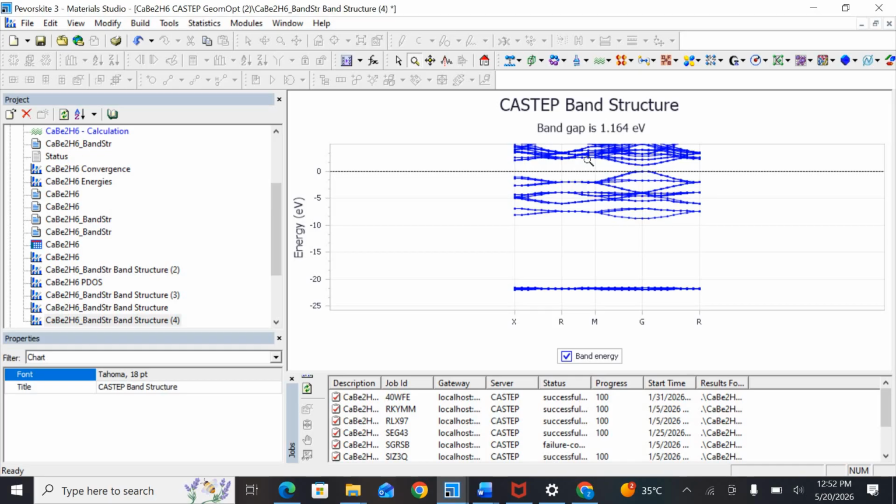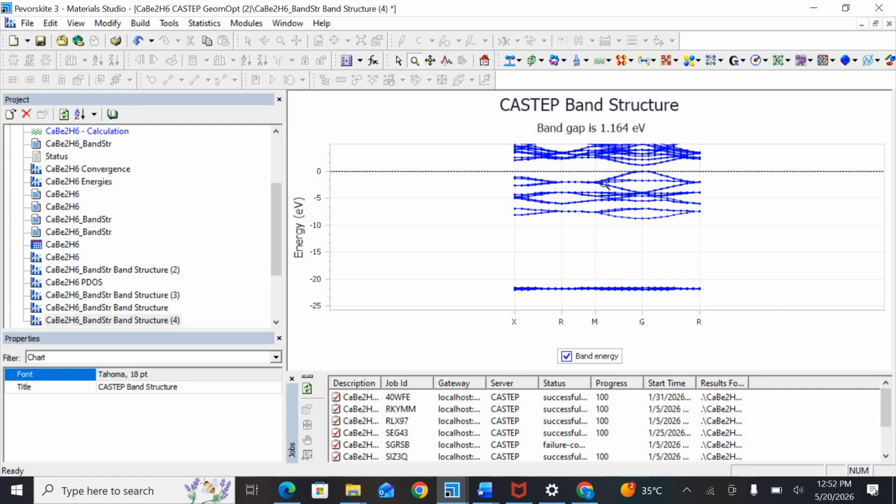Now, an important concept here is direct and indirect band gap. A material has a direct band gap when the valence band maximum and conduction band minimum occur at the same k point in the Brillouin zone. This means an electron can directly jump from valence to conduction band without any change in momentum. On the other hand, a material has an indirect band gap when the valence band maximum and conduction band minimum occur at different k points.